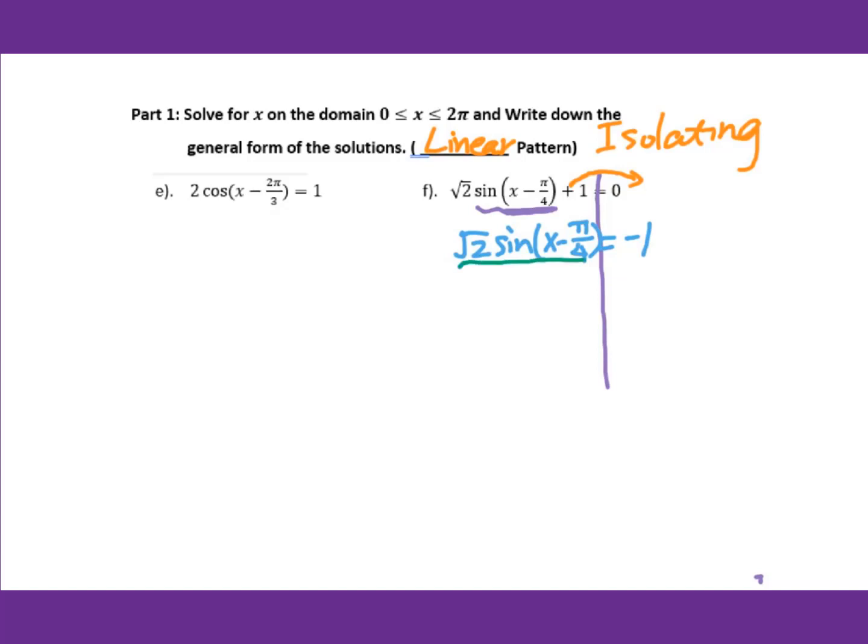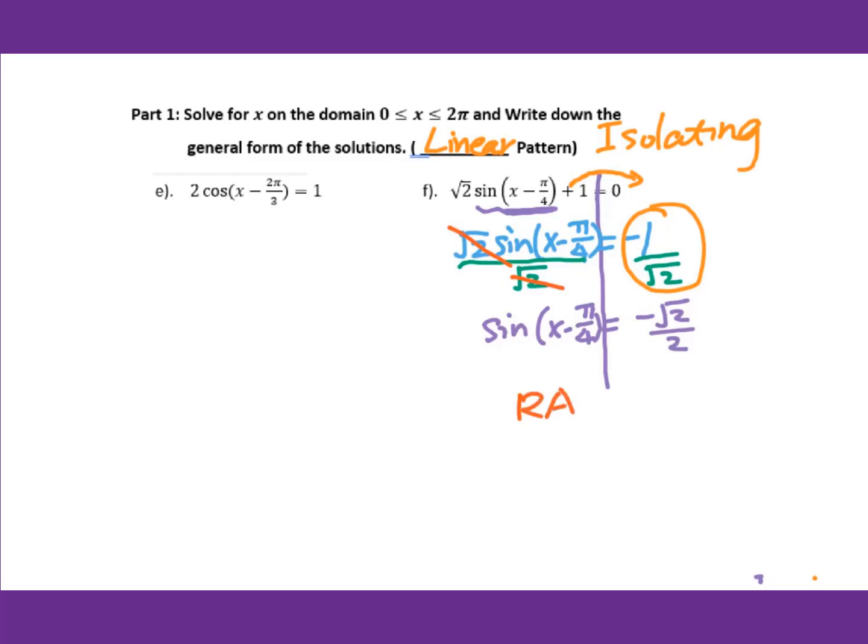Then we divide by square root of 2 on both sides. You will get sine x minus pi over 4 equals negative square root of 2 over 2. Since we already got the single trig equals a constant pattern, we go to the reference angle.